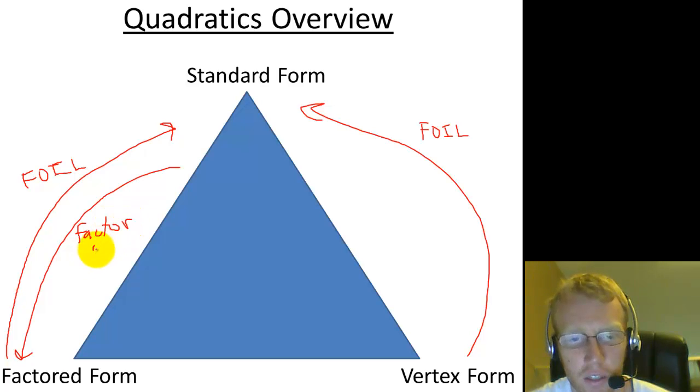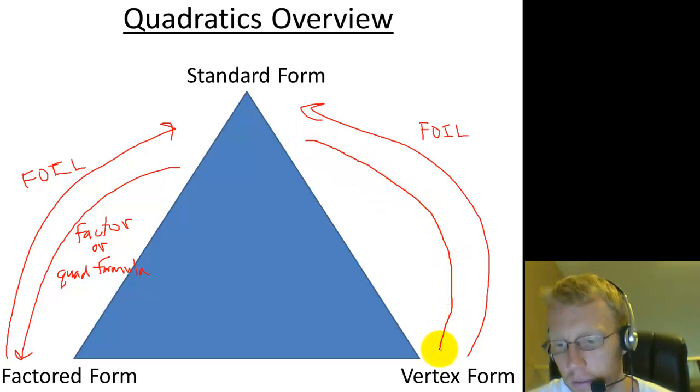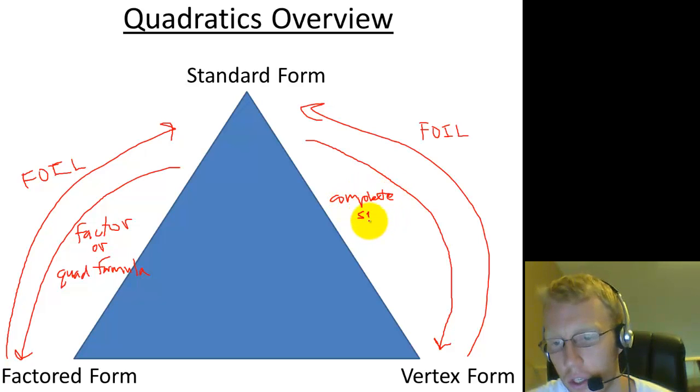If factoring doesn't work, you could use the quadratic formula. To go from standard back to vertex, here's where you would complete the square, or you can try the shortcut, which is that the x coordinate of the vertex is negative b over 2a.